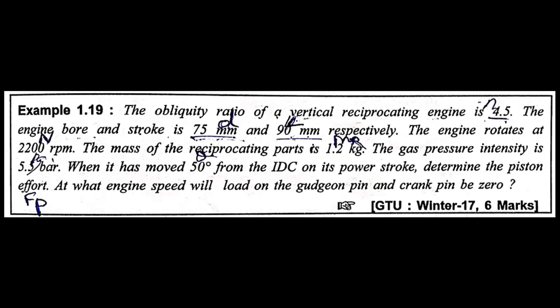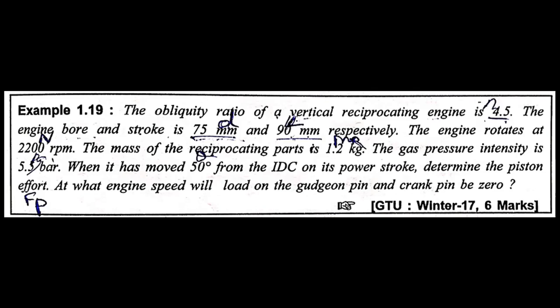That means it will give the value of mr. The gas pressure intensity is 5.5 bar, so we put this value in the Pg part, and it will be converted into Newton per meter square by multiplying by 10 raised to power 5. And when it has moved 50 degrees from the IDC on its power stroke, determine the piston effort.